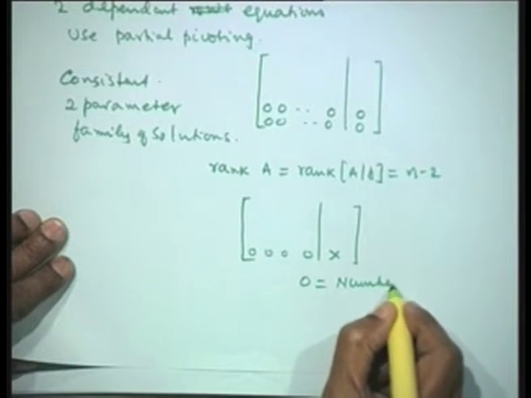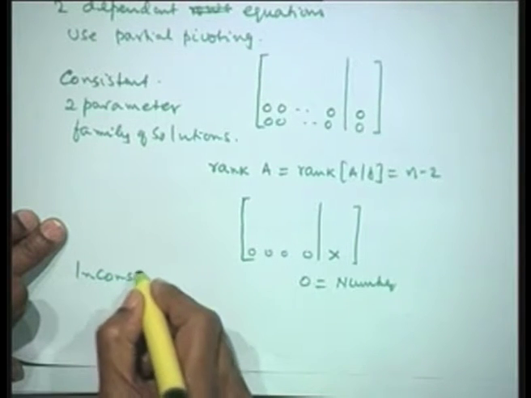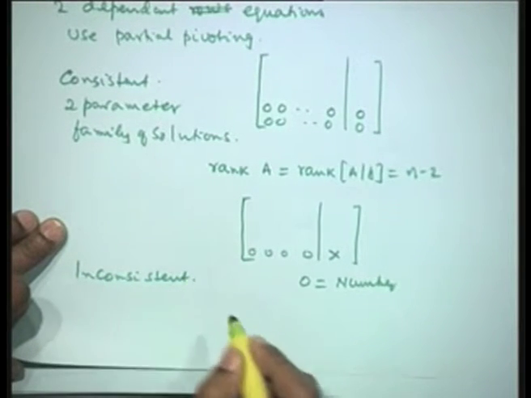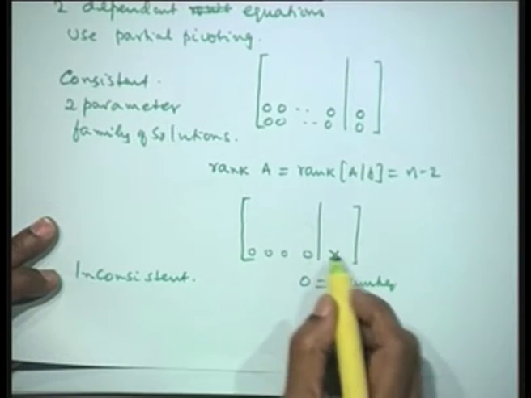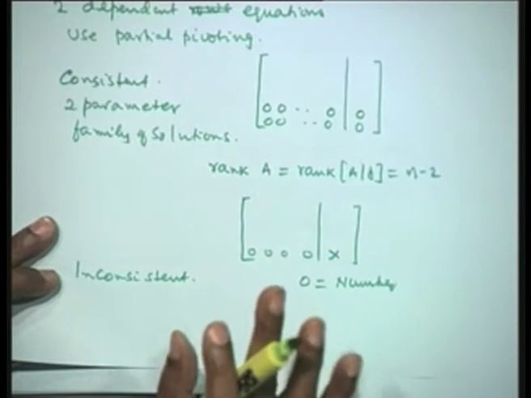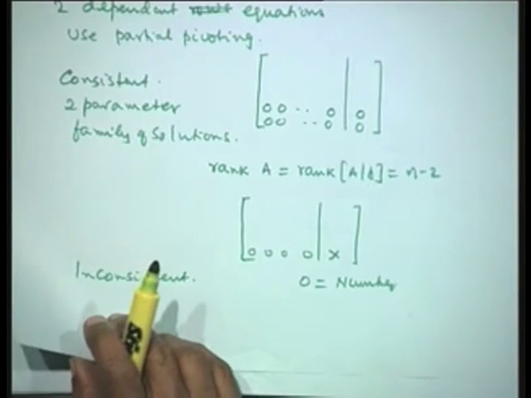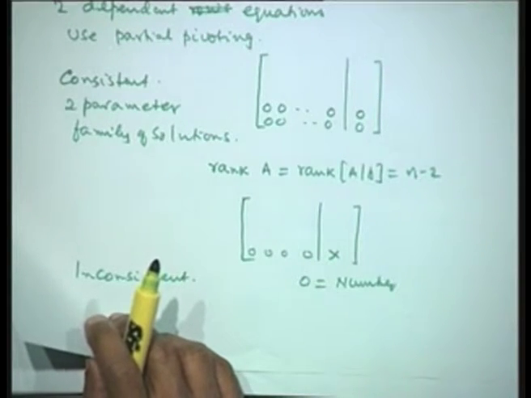Therefore, the system will be inconsistent. The computer would automatically look at these values and say that once you have a non-zero element on the right hand side with all these zeros, the system is inconsistent. Therefore, this checking for unique solution, infinite solutions, inconsistency is automatically implied in the computer software. That one we must be able to introduce.